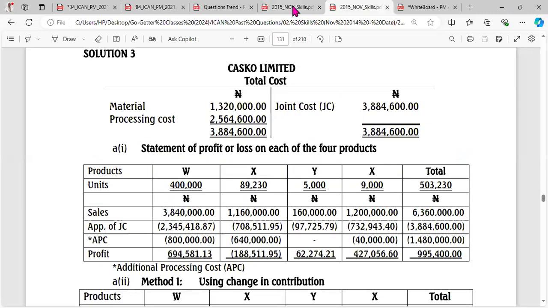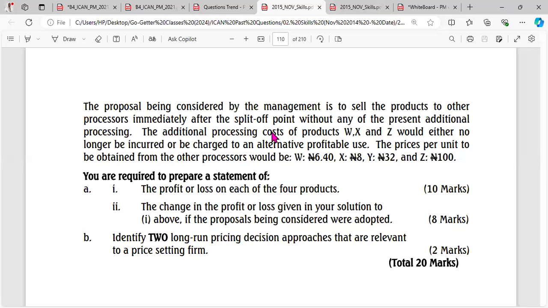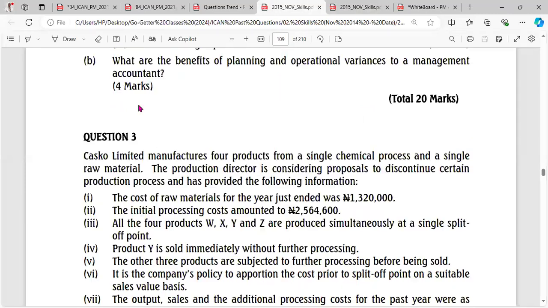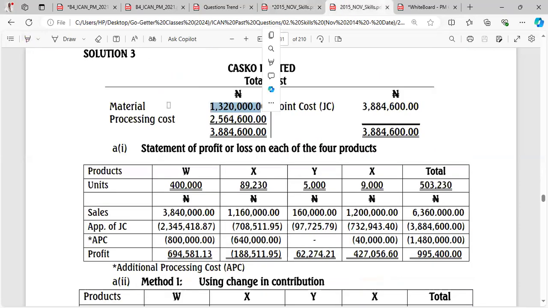Now we are told that the total material cost is 1,320,000. So this is the material cost, 1,320,000. So that's what we have here. Okay.